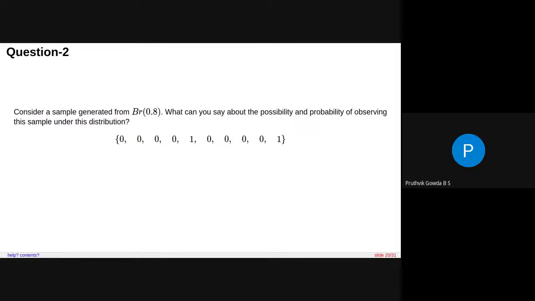It is possible that we can observe this data, but highly improbable, because there are very few of them. There is a possibility of seeing this data, but the probability of seeing this data is very small. So it is possible but highly improbable, as you have all pointed out.